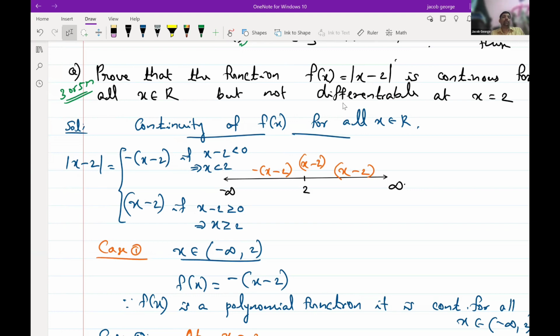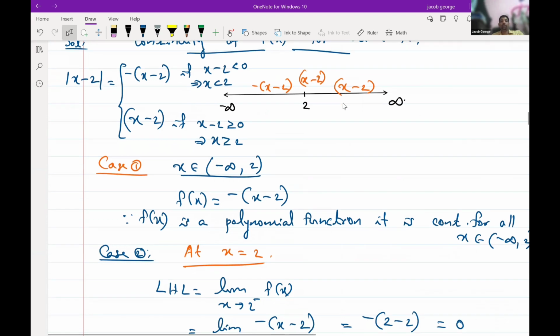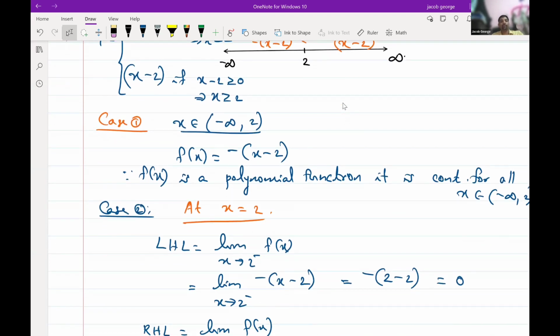So modulus of x minus 2 is negative of x minus 2 if x minus 2 is less than 0, or x is less than 2, and positive x minus 2 if x minus 2 is greater than or equal to 0, or x is greater than or equal to 2. Then case 1, x belongs to minus infinity to 2.